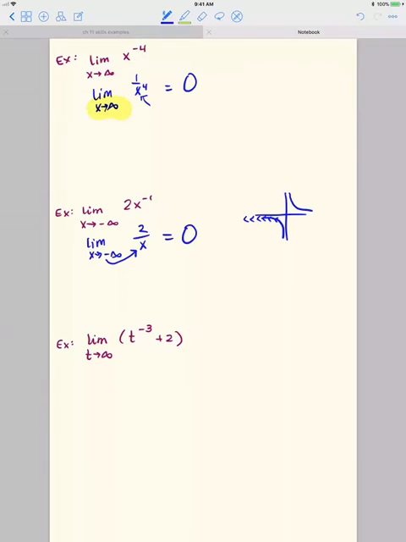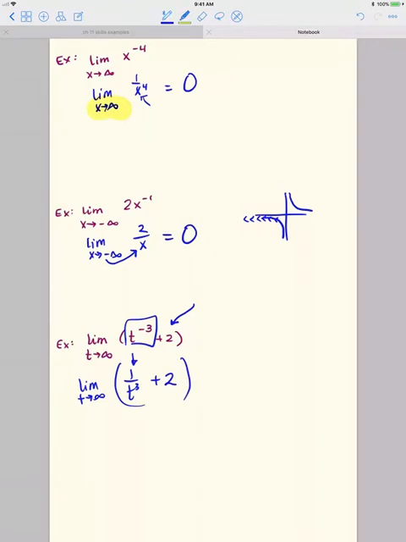Okay. This third example on this page is only slightly different because it has the addition of the 2 at the end. So if I rewrite the limit as t approaches infinity and rewrite the t to the negative 3 as 1 over t cubed, the plus 2 is still part of the function.